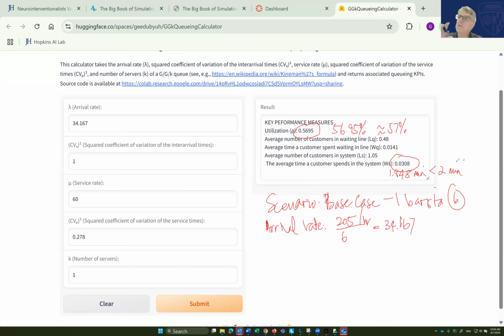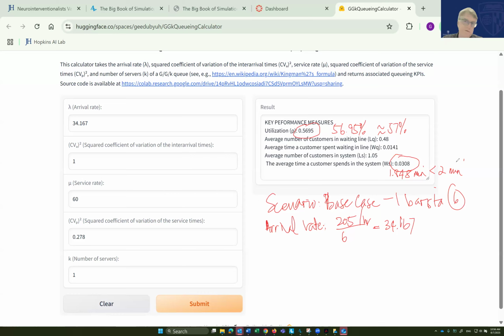When you do the analysis with the queuing, all we're able to extract from this queuing calculator is the mean waiting time, or time in system, from placing the order to receiving the caffeinated beverage. If we want the distribution of those waiting times, we will need to use the AnyLogic model.